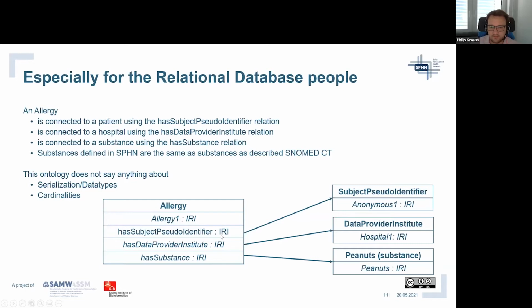And there will be some relations or properties leading to something else. So for example, the has subject pseudo identifier leads us to a subject pseudo identifier. The has data provider institute leads us to a data provider institute, and the has substance leads us to a peanut substance.